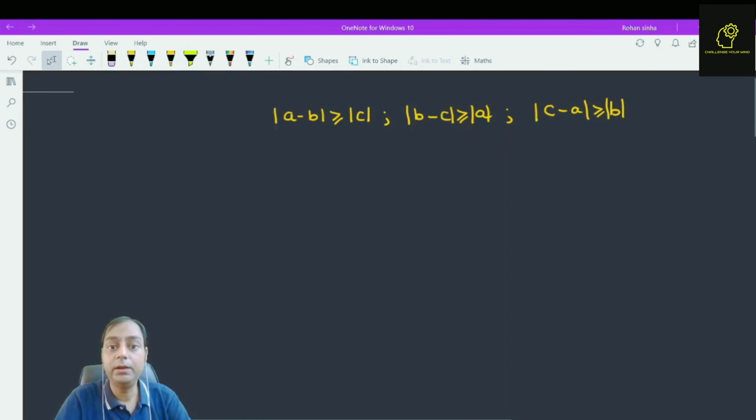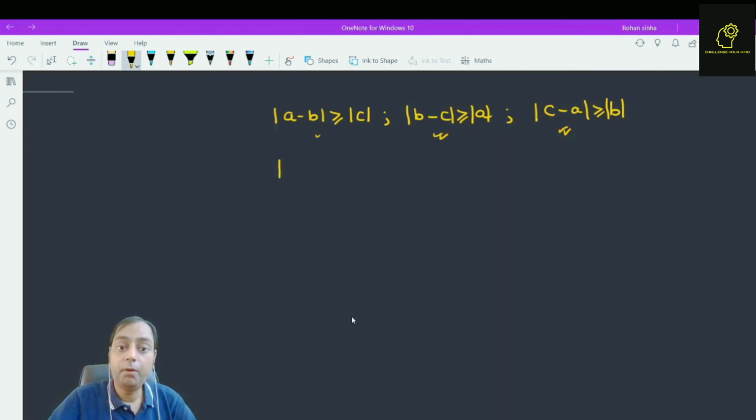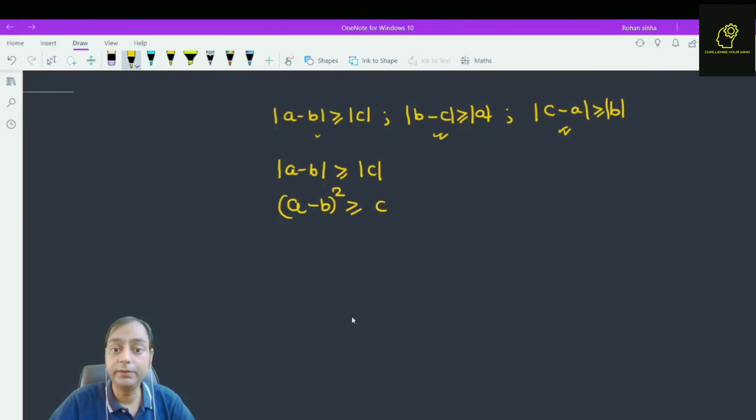Now, what is given? It is given that modulus of A minus B is greater than or equal to modulus of C, modulus of B minus C is greater than or equal to modulus of A, and modulus of C minus A is greater than or equal to modulus of B. So modulus of A minus B is greater than or equal to modulus of C. Can we square both sides? Both sides are positive. So (A minus B) whole square is greater than or equal to C square.